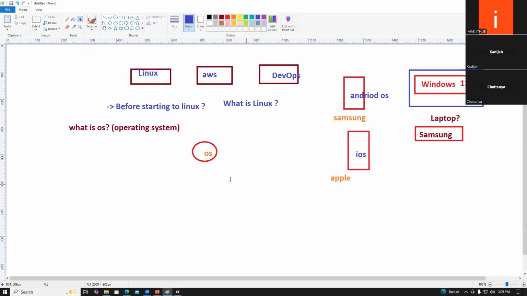So what is OS? It is the operating system. So Windows 11 is an operating system. iOS is an operating system. Android OS is an operating system. So these are all operating systems, right?